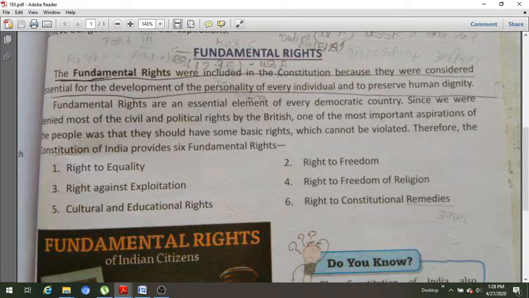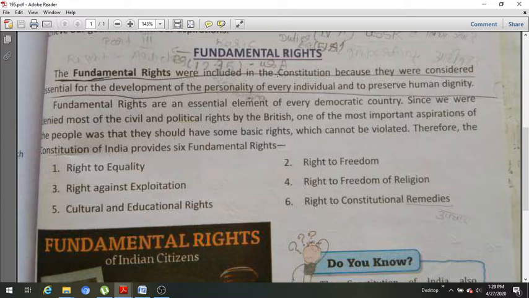Fundamental rights are an essential element of every democratic country. So in every democratic country, fundamental rights become very essential. Without those fundamental rights, we cannot consider a society a democratic society. Since we were denied most of the civil and political rights by the Britishers in the British time, we were not having as many rights as we have today.